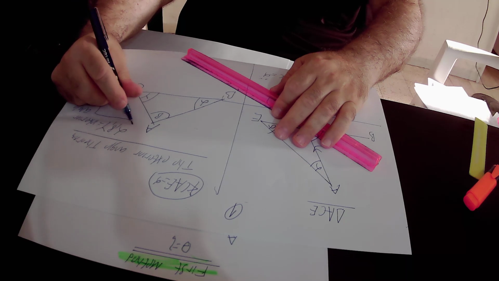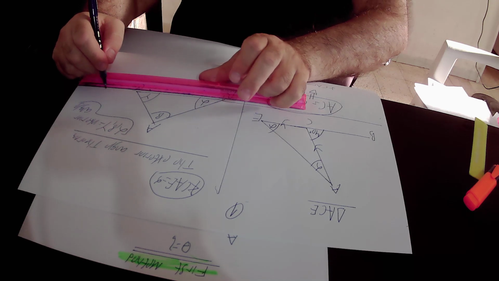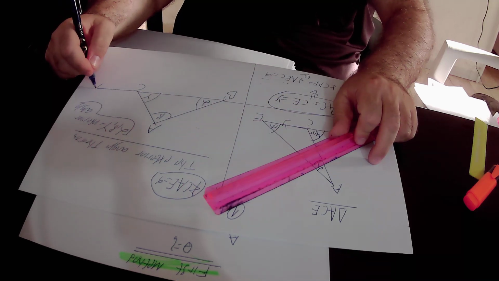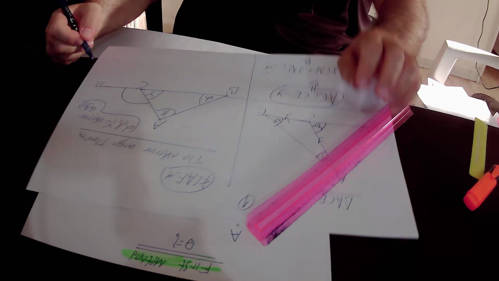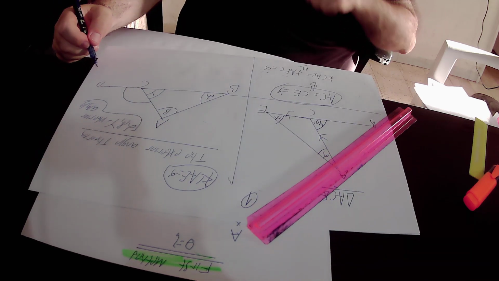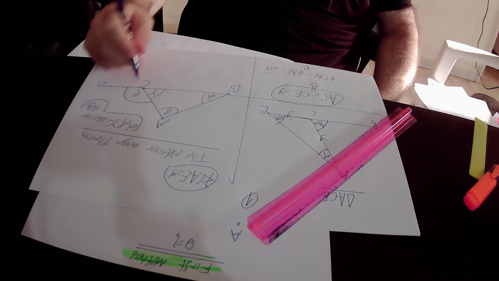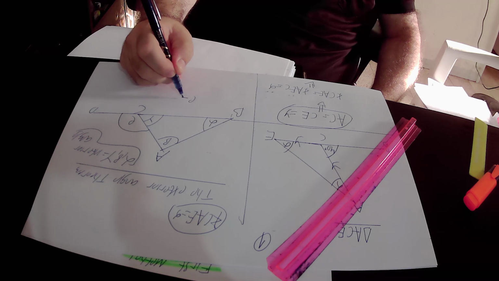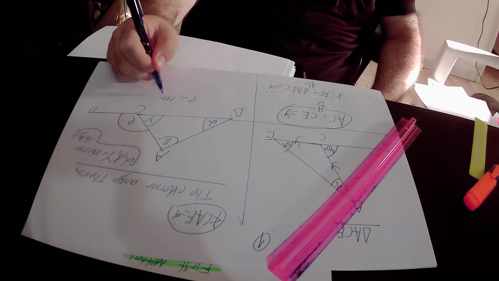While this angle ACD is defined as an exterior angle. So we define the exterior angle ACD as E. Why is E an exterior angle? Because it is located outside triangle ABC.